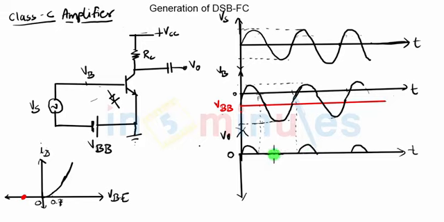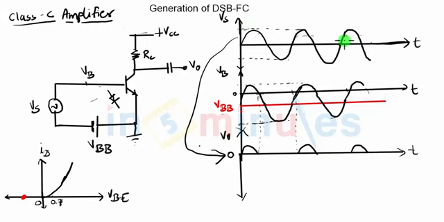So class C amplifier is a circuit which will help us to generate pulses from the original sinusoidal signal. So this sinusoidal signal will be my modulating signal, and the modulating signal will be converted into the pulses, and the pulses will be nothing but proportional to the peaks of the signal.